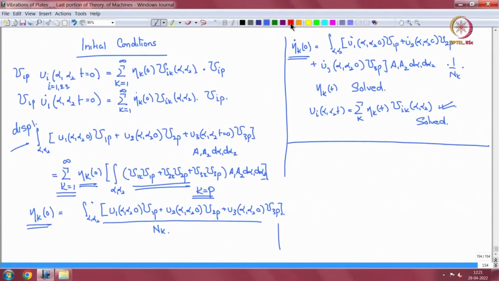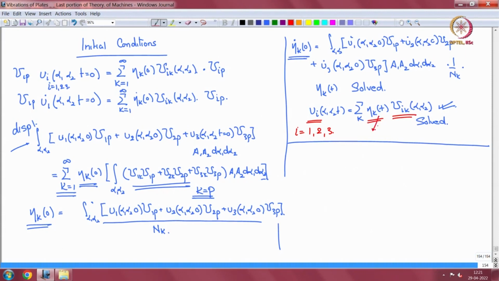Good morning and welcome to this next lecture on vibrations of plates and shells. We are looking at forced response now, and we have come up till here where we represent a displacement in the ith direction, i going from 1 to 3, as a weighted sum of the mode shape component. And this is the modal participation factor.